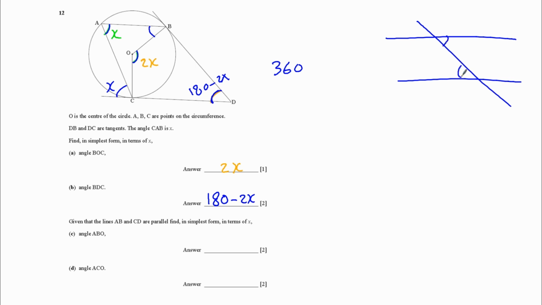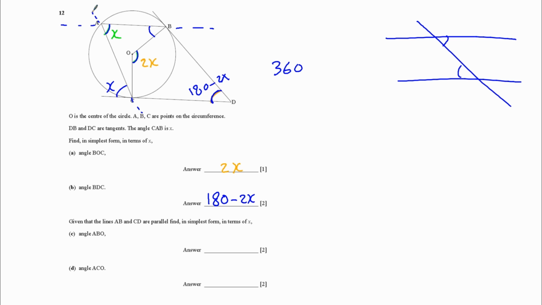And that is exactly what's happening here. If I imagine these lines continuing, we have two parallel lines and another line intersecting, and we have that X and X equal.